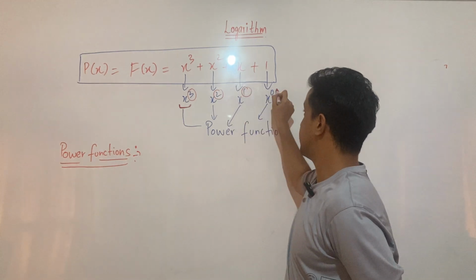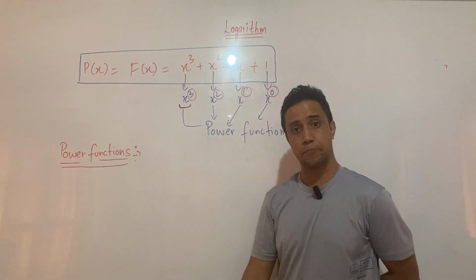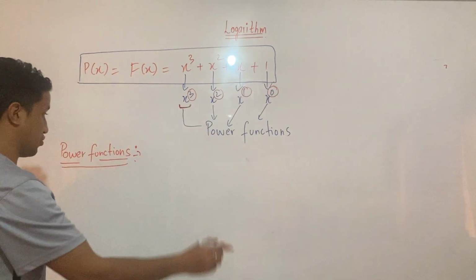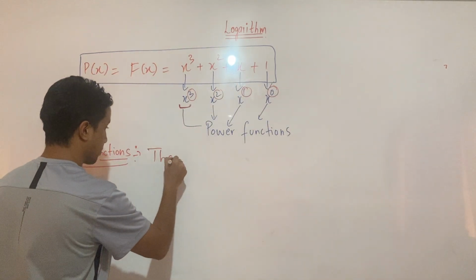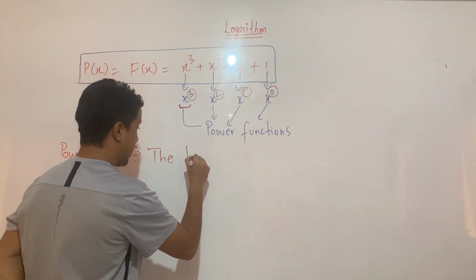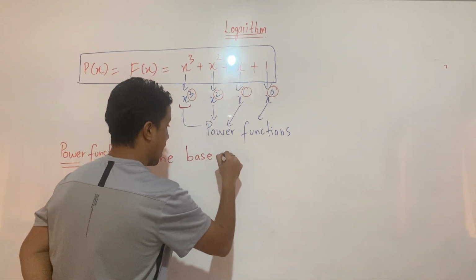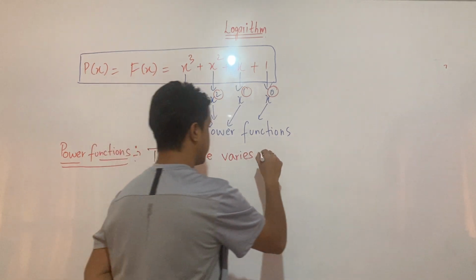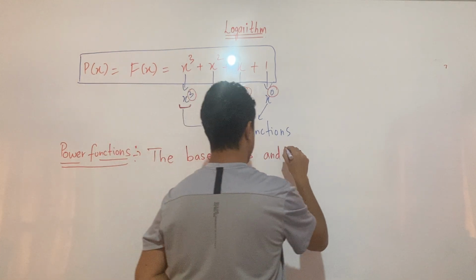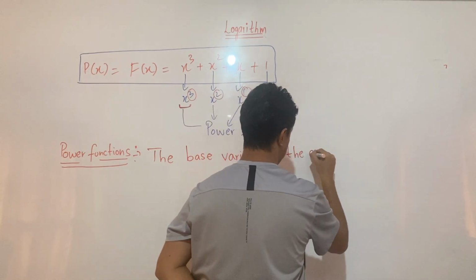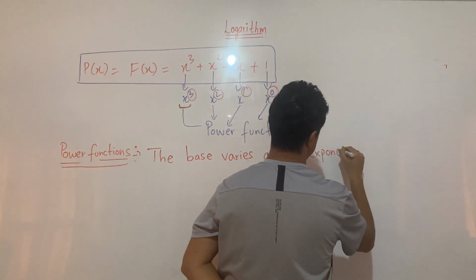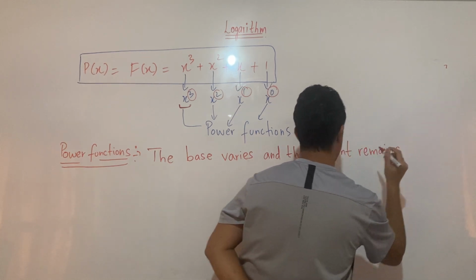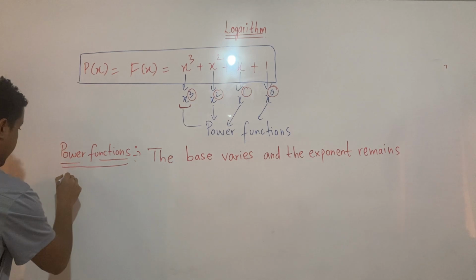So in power functions, the base varies and the exponent remains constant.